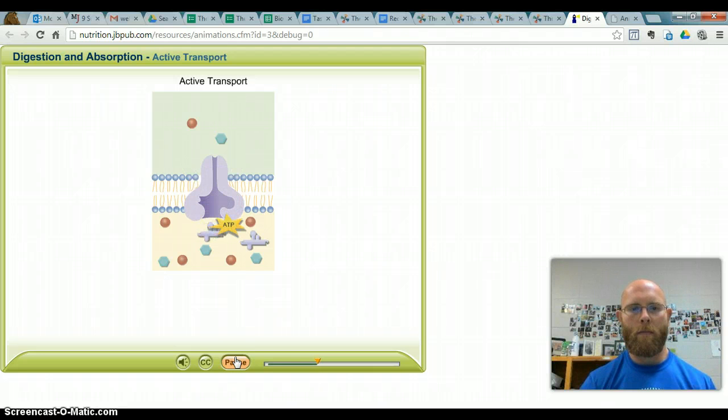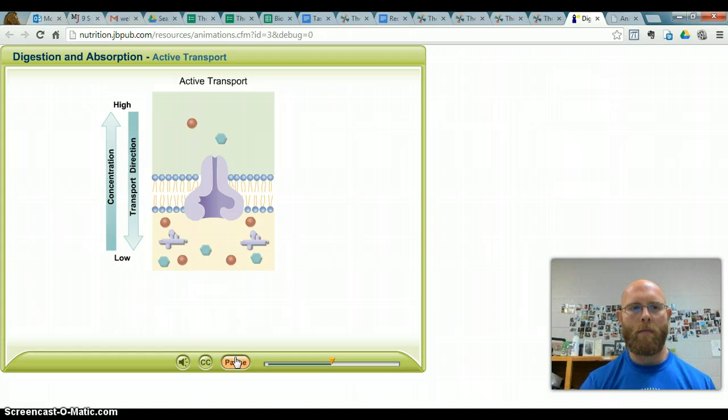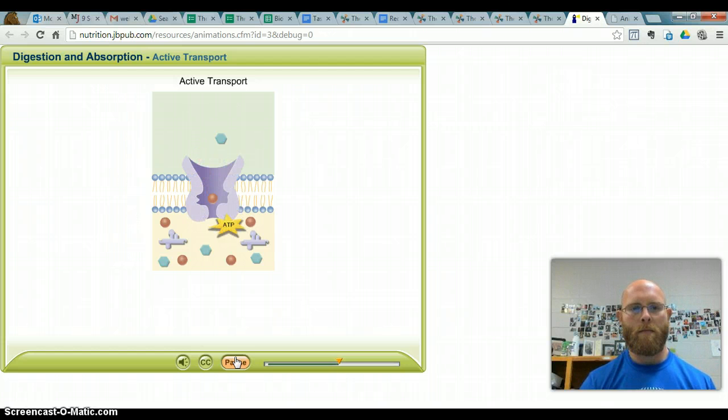This type of absorption is called active transport. Active transport moves substances against the concentration gradient. Many minerals, including calcium and iron, cross cell membranes by active transport.